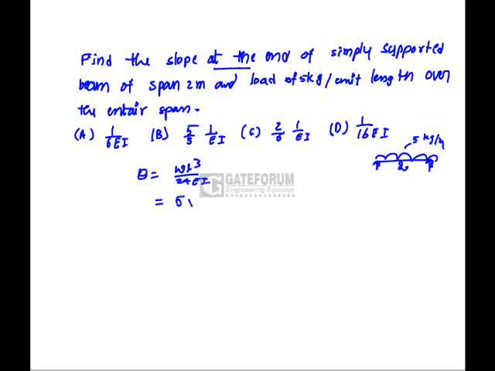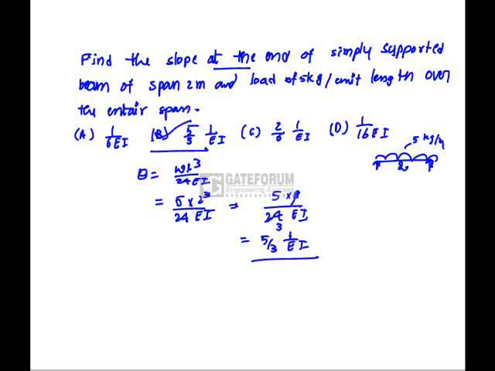W is 5, L cube is 2 cube, by 24 EI. E is the modulus of elasticity, I is the moment of inertia. So 5 into 8 by 24 EI, that is equal to 5 by 3, 1 by EI. So option B is correct.